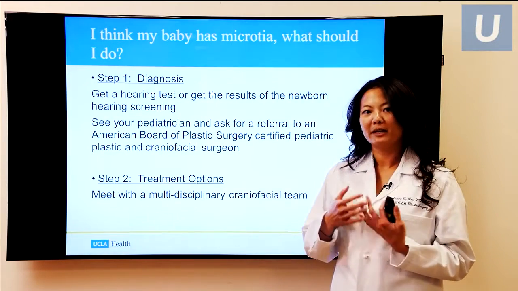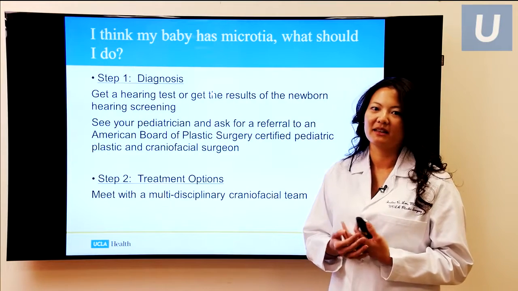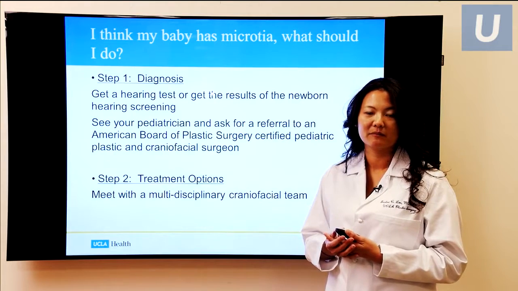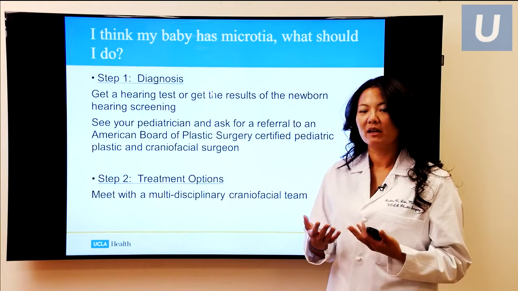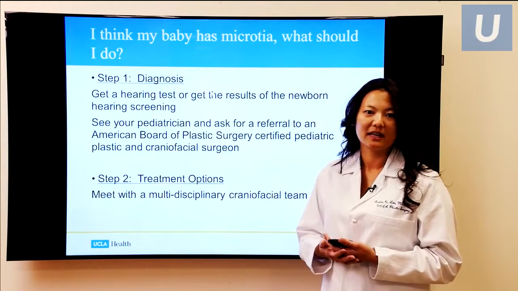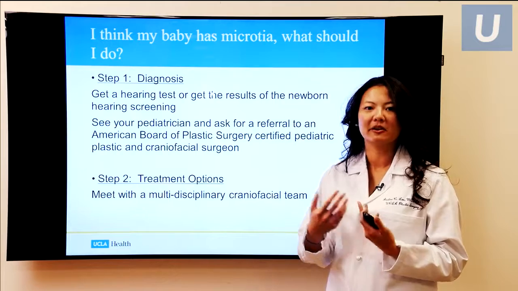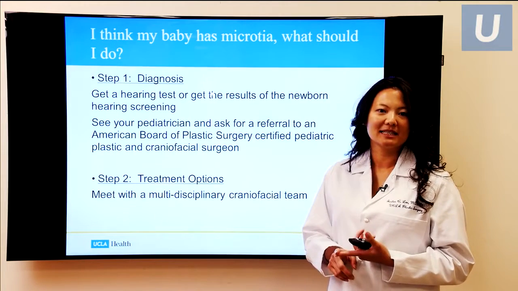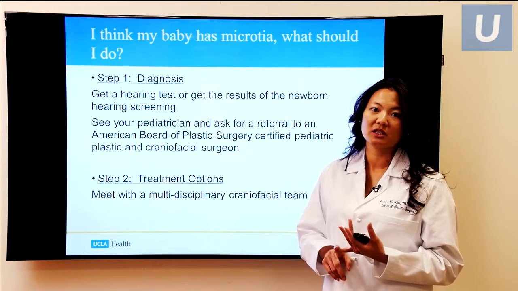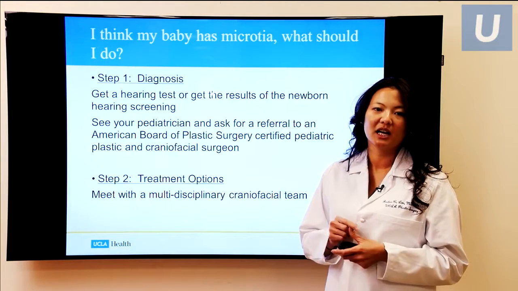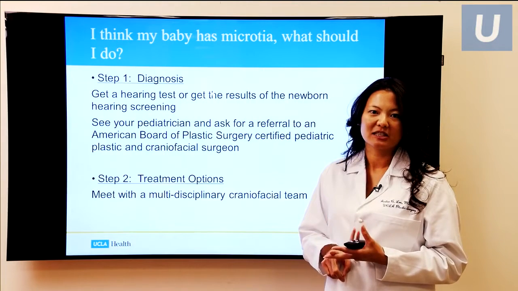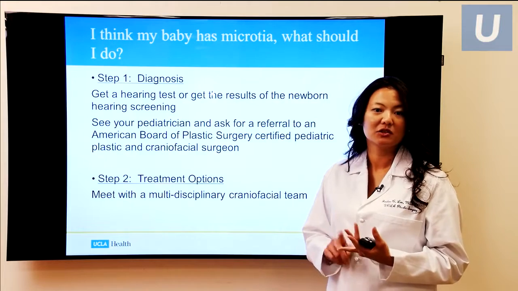When a kid has microtia, I always recommend that they be seen by a multidisciplinary craniofacial team. A craniofacial team usually exists in many of the large academic centers like UCLA, and it includes people like me, a craniofacial surgeon, a geneticist, a pediatrician, an otolaryngologist, a speech and swallow pathologist, an audiologist, a pediatric ophthalmologist, pediatric dentistry, pediatric orthodontics, and social work.